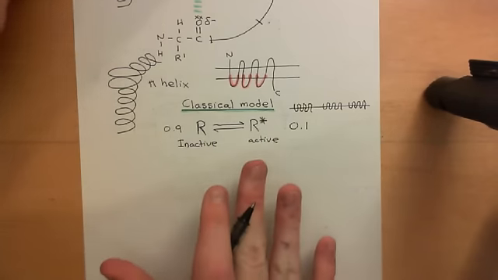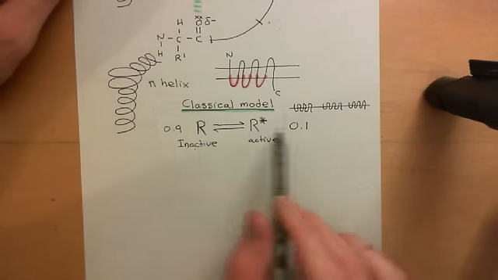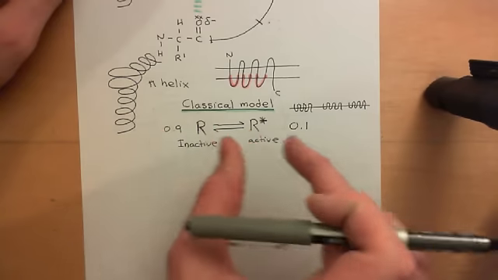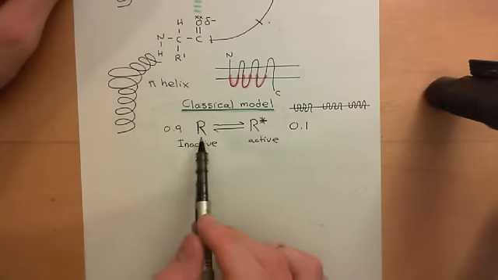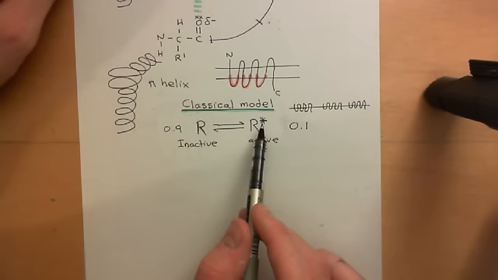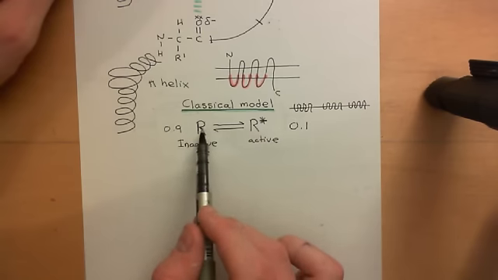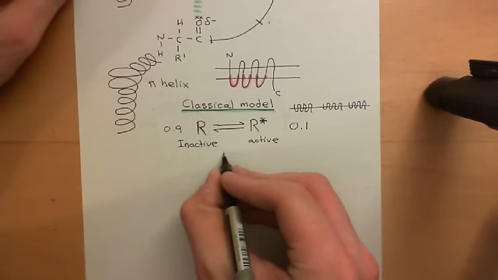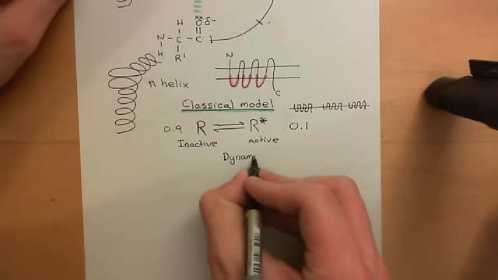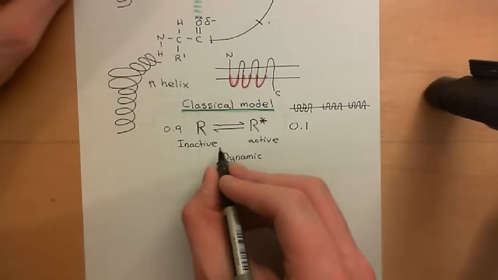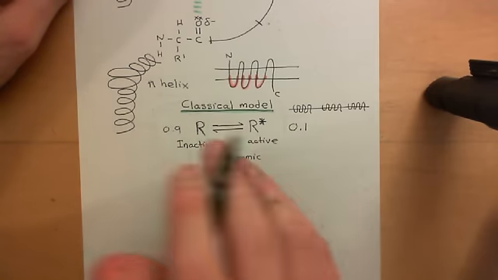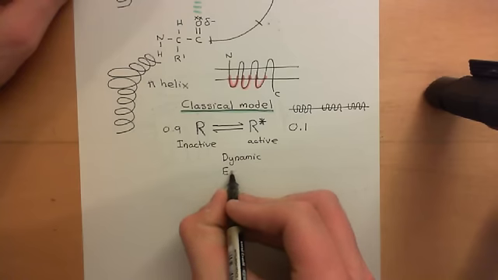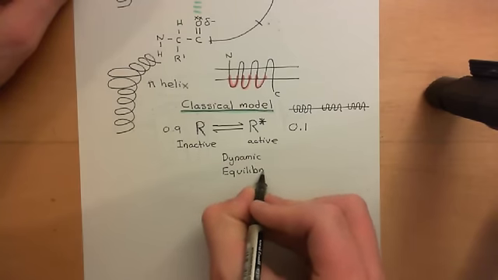With these proportions, the rate at which inactive ones turn into active ones will equal the rate at which active ones turn back into inactive ones. So it forms a dynamic equilibrium, and although you're continuously changing back and forth between inactive and active, the proportions of receptors that are inactive or active at any one time will remain the same, hence why it's an equilibrium.